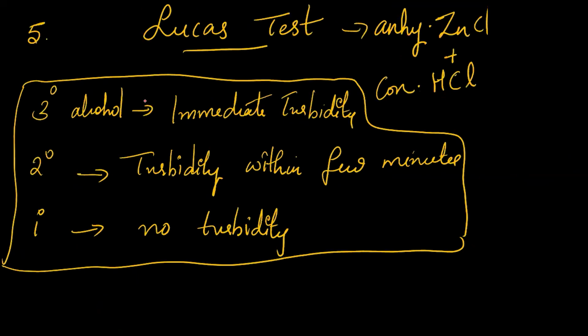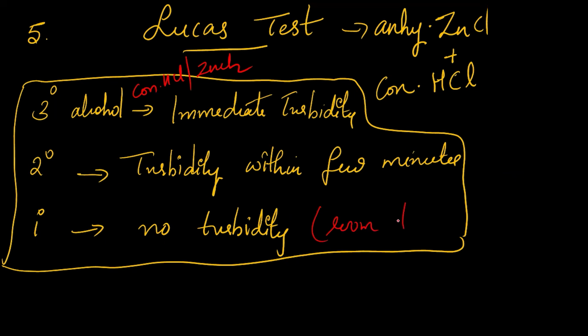Next is the Lucas test. The Lucas reagent is anhydrous ZnCl2 plus concentrated HCl. A tertiary alcohol gives immediate turbidity when reacting with concentrated HCl and ZnCl2. A secondary alcohol's turbidity appears within a few minutes, not immediately. And with a primary alcohol, there is no turbidity at room temperature.